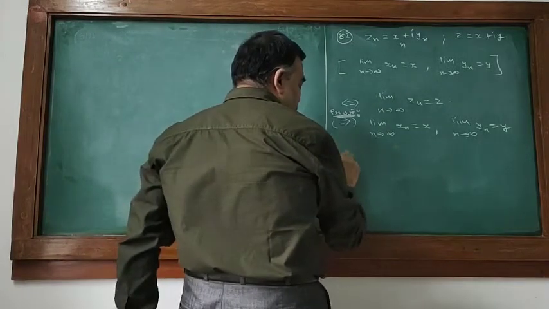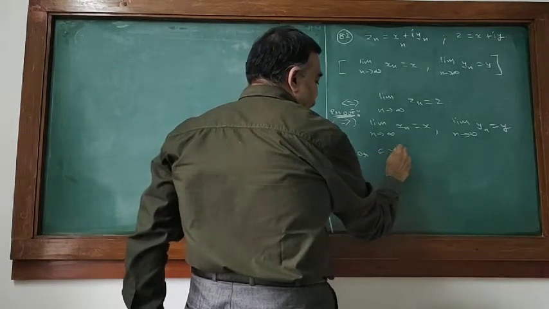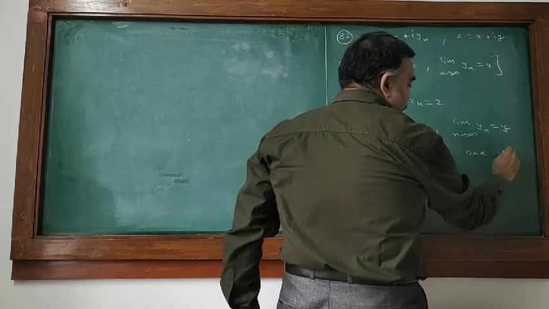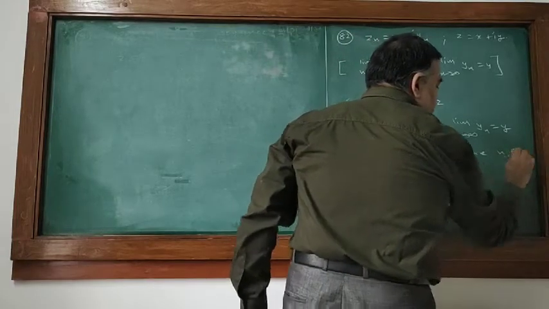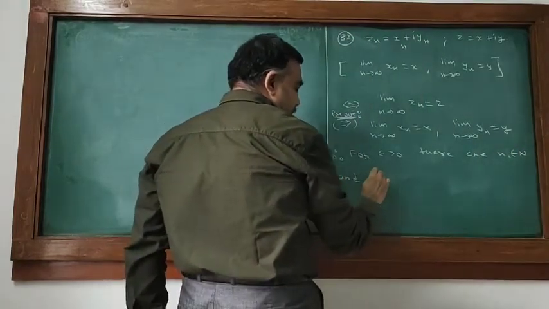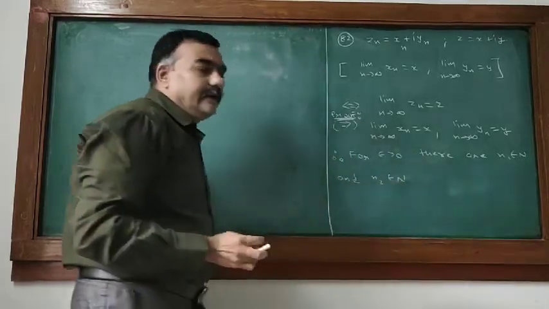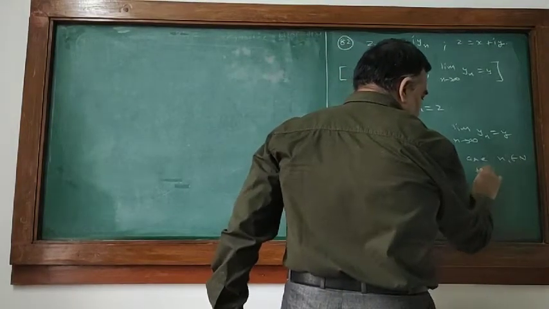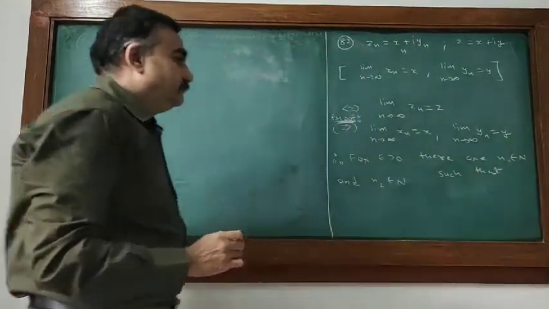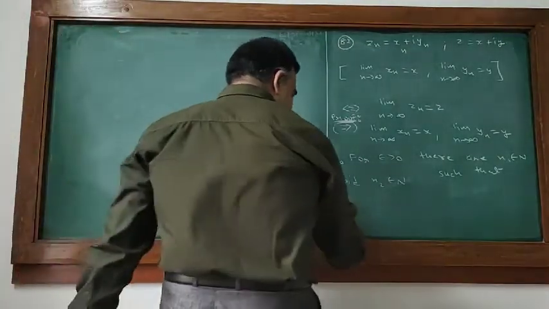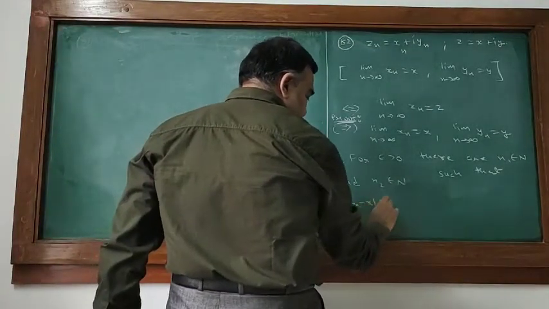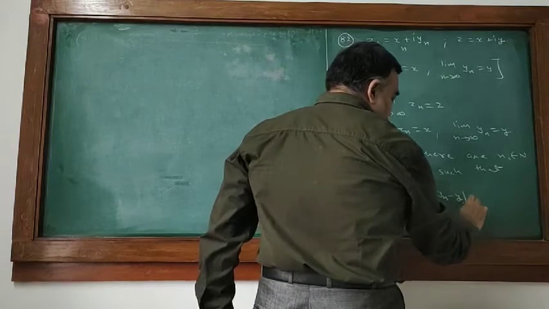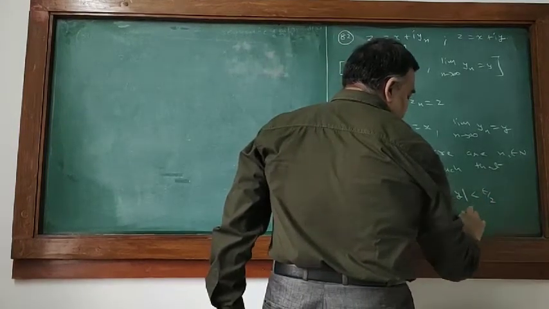Therefore, for epsilon positive, there are n1 in n and n2 in n such that |xn minus x| is less than epsilon by 2, and |yn minus y| is less than epsilon by 2.